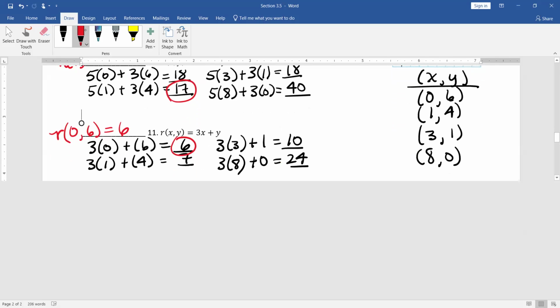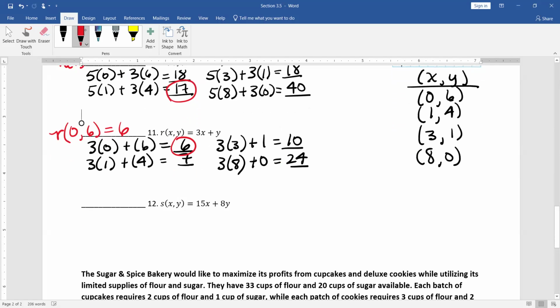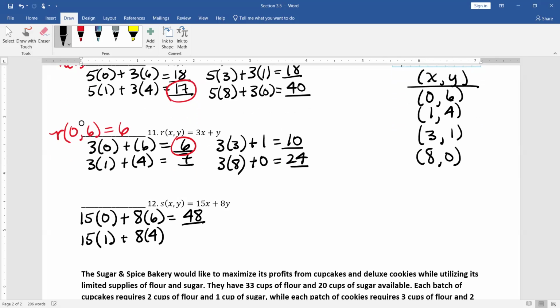All right, last one. 15 times 0 plus 8 times 6 is 48. 15 times 1 plus 8 times 4 is 32 plus 15, 42. 3 is 45 plus 8, which is 15 times 8 plus 0 is definitely too much.